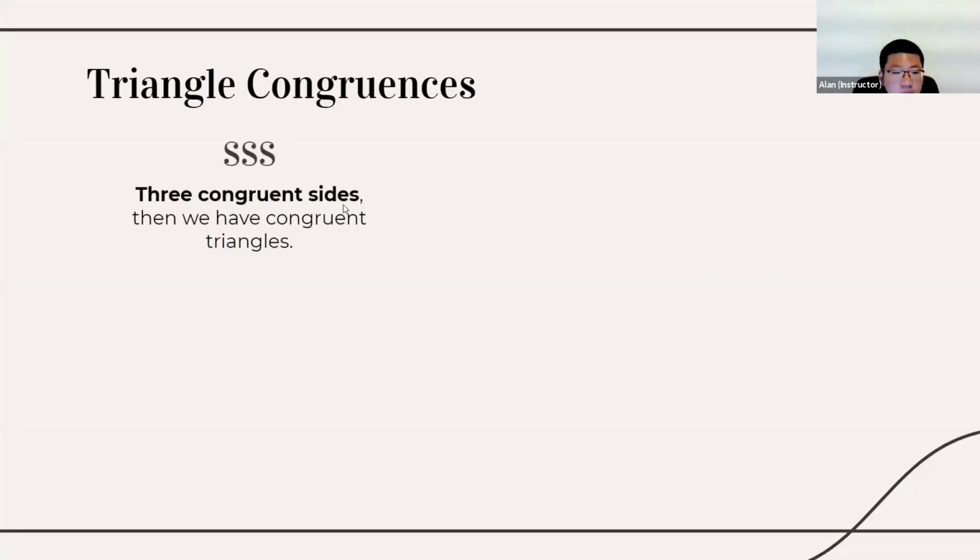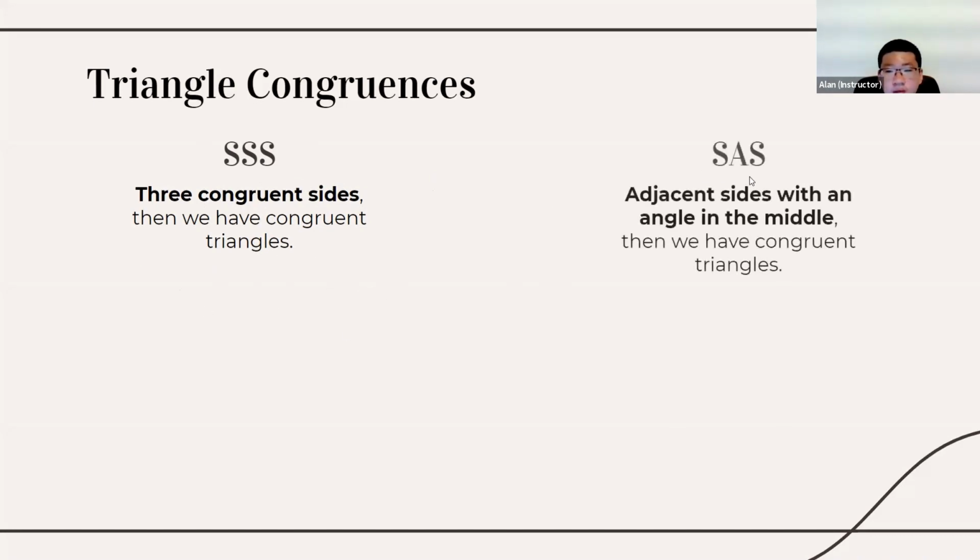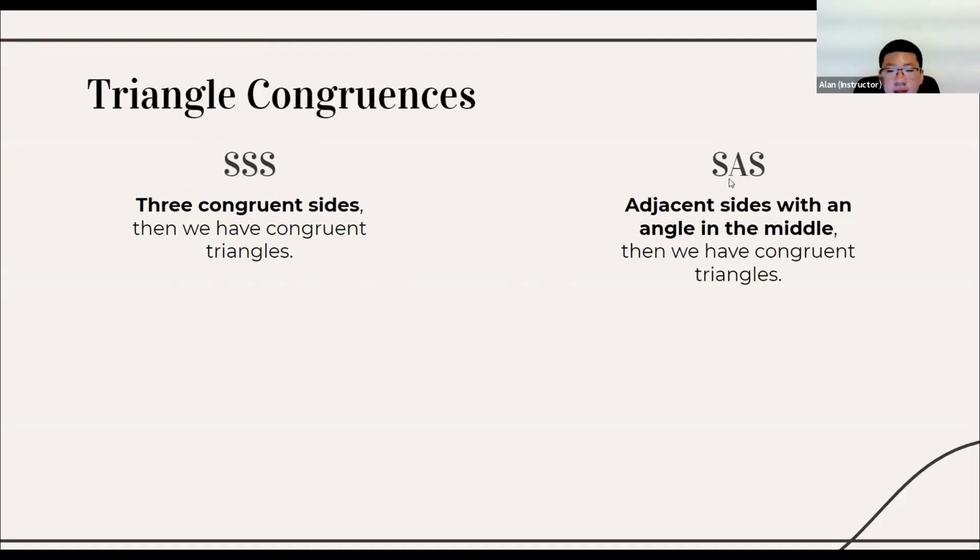So, three congruent sides. This means that if you know the three sides of both triangles, and you can easily tell they're the same, like if the side lengths are equal, then you know that the two triangles are congruent. Same thing with side, angle, and side: if you have the same side, angle, and side in two triangles, then you know they're congruent.